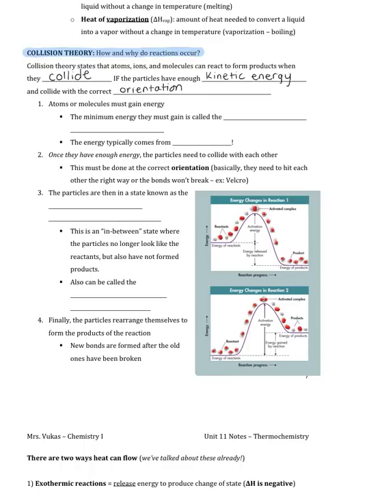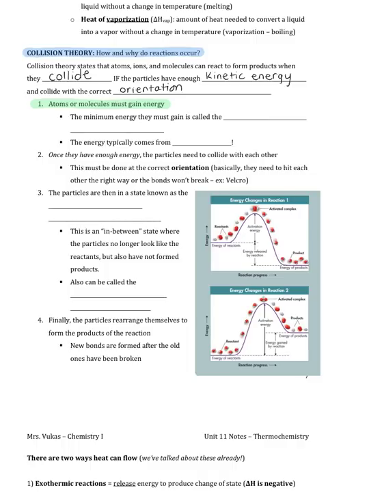So what I want to do is break this down part by part. The first part of collision theory says that the atoms or molecules have to actually gain energy. For particles to collide with one another, they have to gain the energy first.